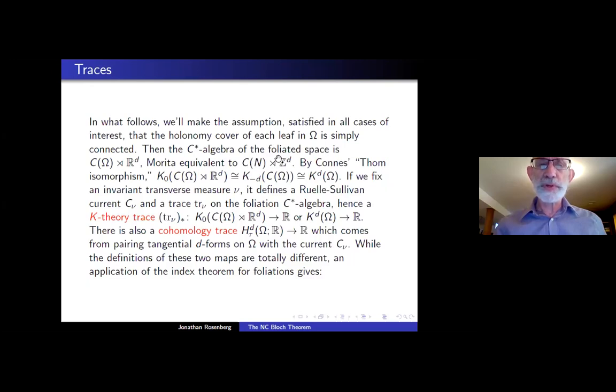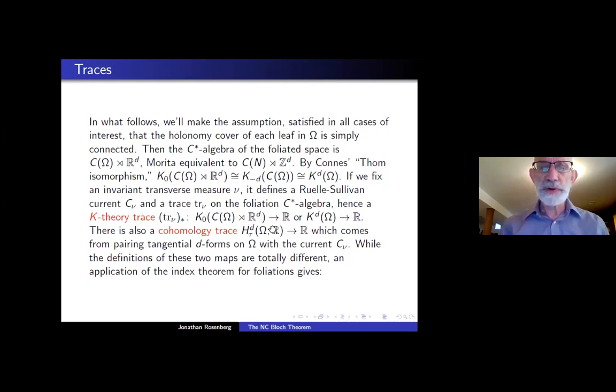And then if you have a projection in this C-star algebra, this just computes the dimension of that projection with respect to the trace. But you can also think of this as a map from K to the d of omega into the reals. So that's the K-theory trace.